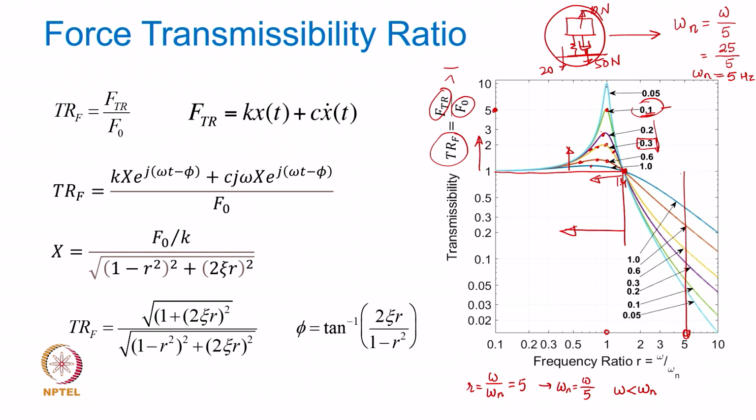So, if you have a condenser unit weighing maybe about 100 kg, you will have to use isolators such that the omega n, which I am now saying should be about 5 hertz, which is going to be 1 over 2 pi square root of k over m.